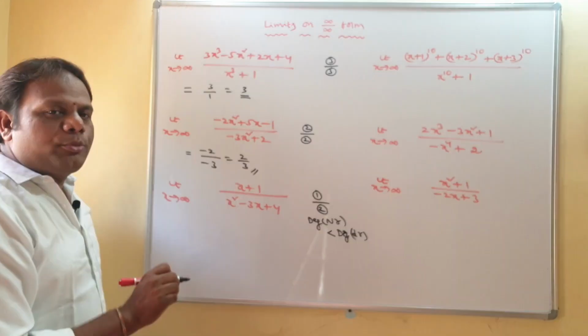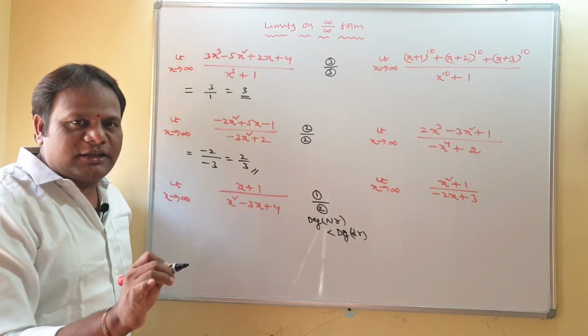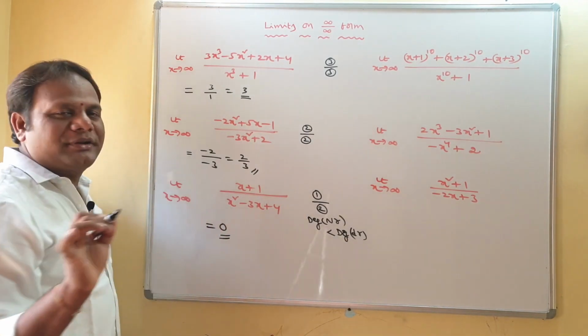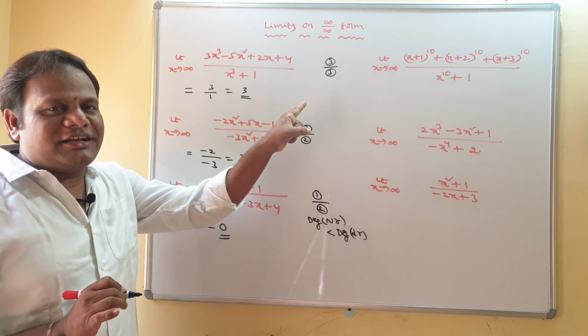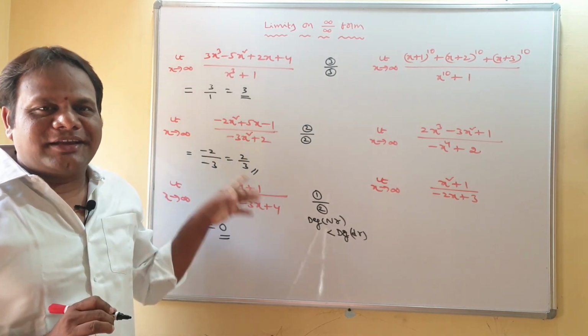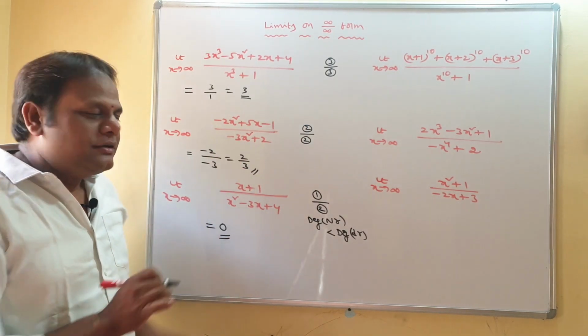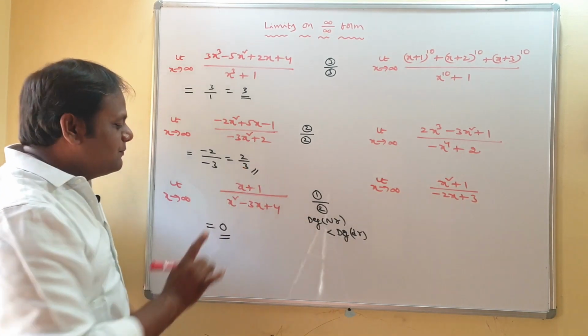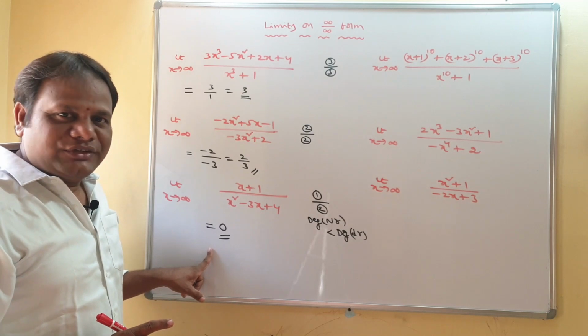If the degree of the numerator is less than the degree of the denominator, no doubt at all, the answer is 0. Remember that. When both degrees are equal, the answer is the ratio of their coefficients. When the degree of the numerator is less than the degree of the denominator, the answer is 0.